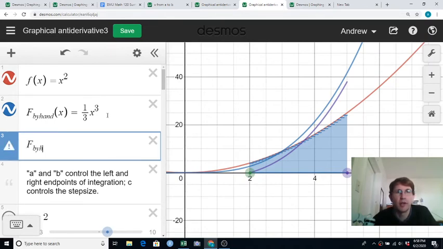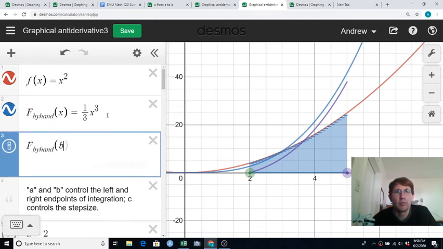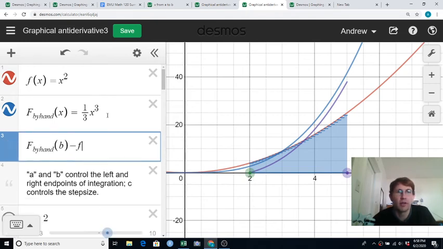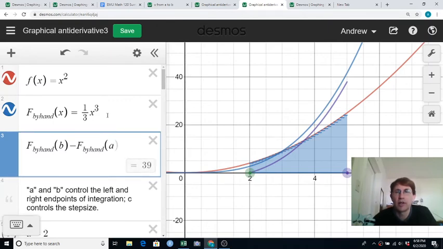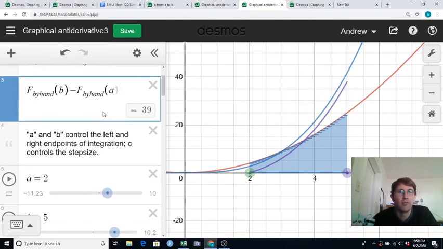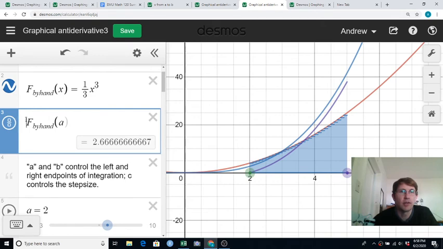So I'll say F by hand of b, that's 5, minus F by hand of a. We got 39. We had said before it was basically 40-ish, so that's good enough. We could see what was big F of A. It was 2.66.